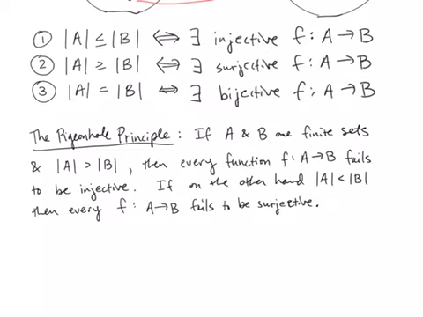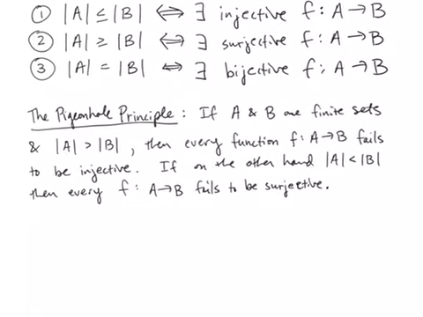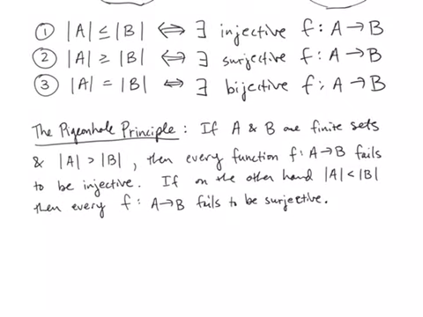And the reason this is called the pigeonhole principle mostly comes from the first half, with the not injective part. The intuition is that you have some holes where pigeons go to sleep, and so these pigeonholes, let's say there's 4 of them, and you can imagine 5 pigeons.